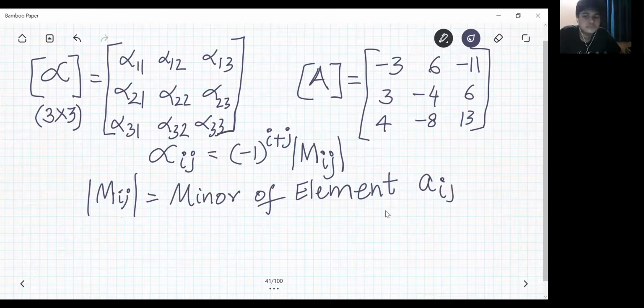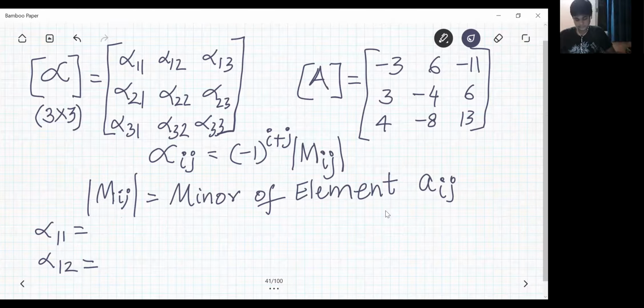In the matrix A, we write Aij, where the small letter a is the element. A11, A12, A13, A21, A22, A23, A31, A32, A33 we write. So we have to give different values to i and j and find these values. That means we have to find alpha 1 1, alpha 1 2, alpha 1 3, like that.